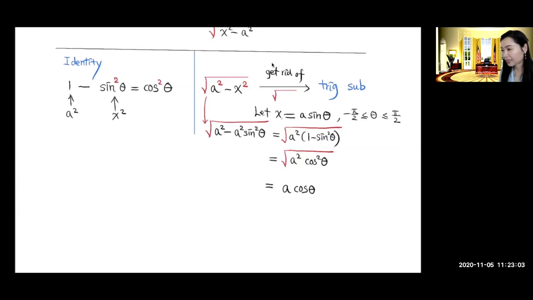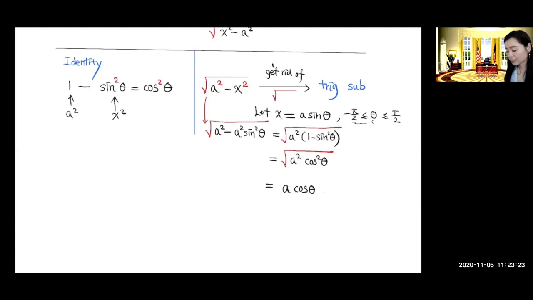Why is that non-negative? Because this theta is between negative pi over 2 and pi over 2, and when theta is between these, cosine theta is positive. So you don't need to put an absolute value here.